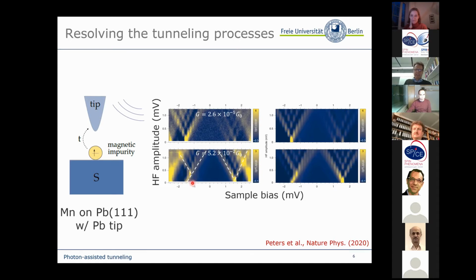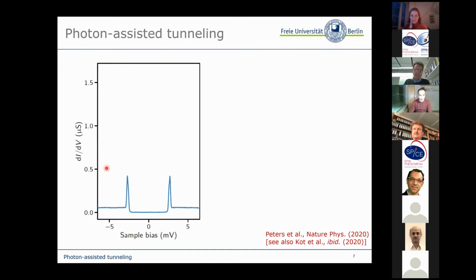But it's still quite useful to first go back and look more carefully at the data in the absence of the magnetic impurity, just between 2 plain superconductors, and understand what's going on in that case. So let's start with single electron tunneling.